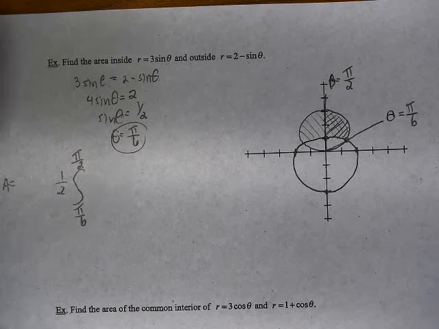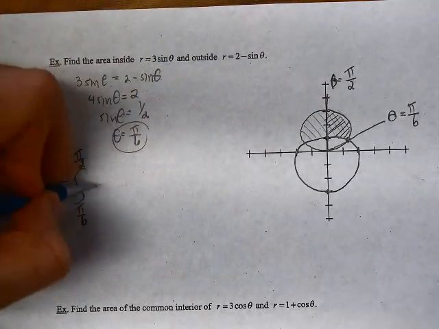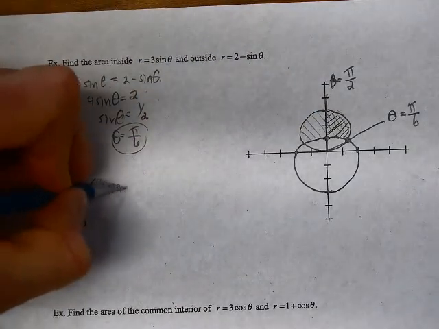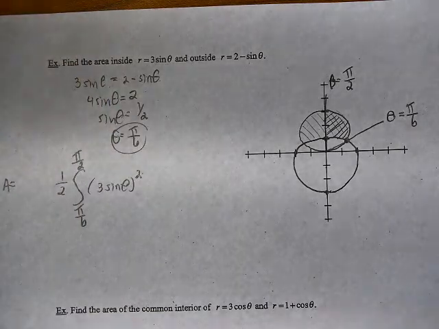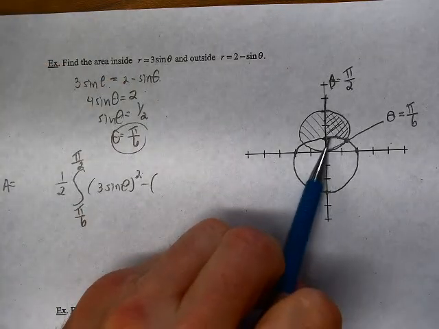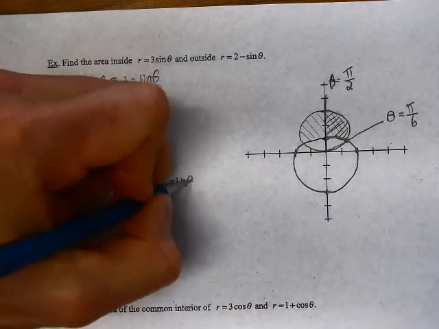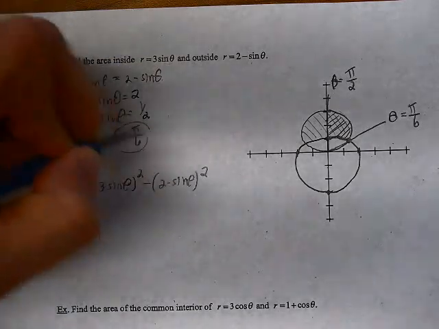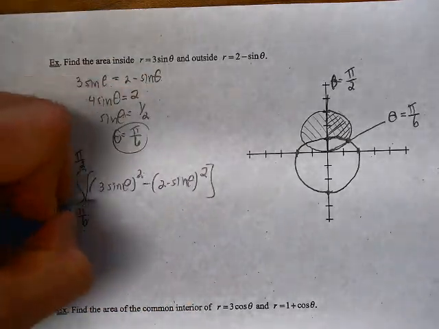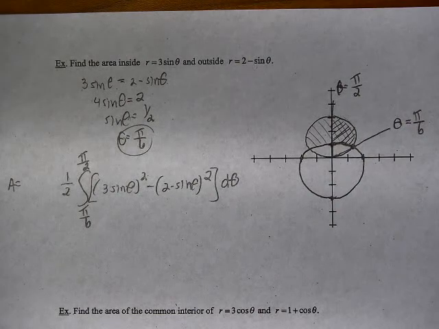The outside shape here is 3 sine theta, minus the inside shape here, 2 minus sine theta. Square that, d theta.